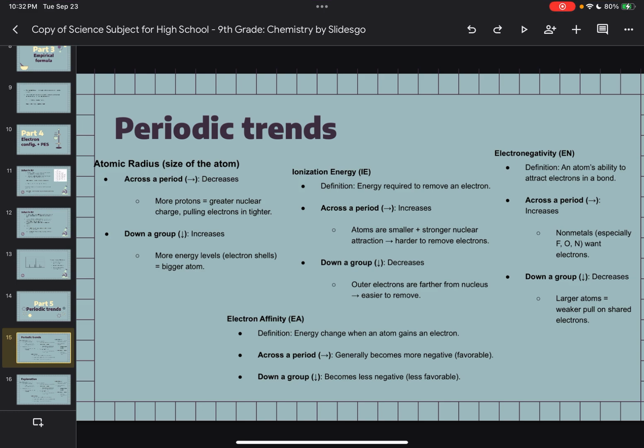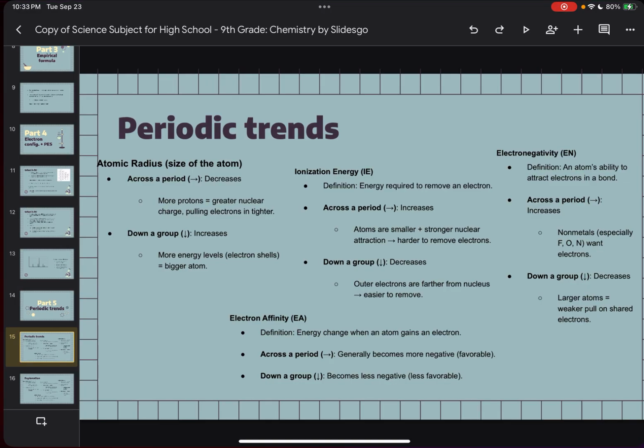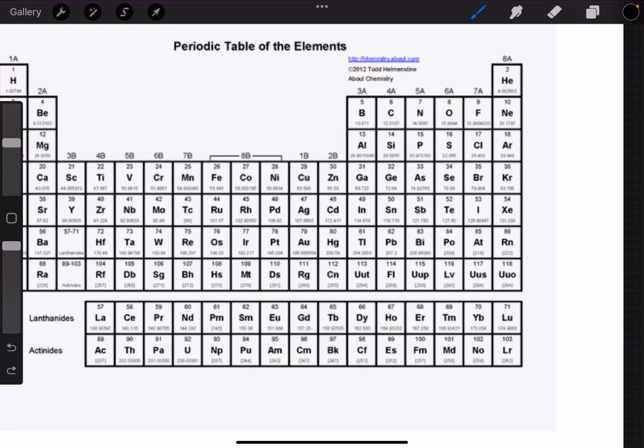Electron affinity is a little different because it's the energy change when an atom gains an electron. So it's the same thing as electronegativity, because it all comes down to protons.